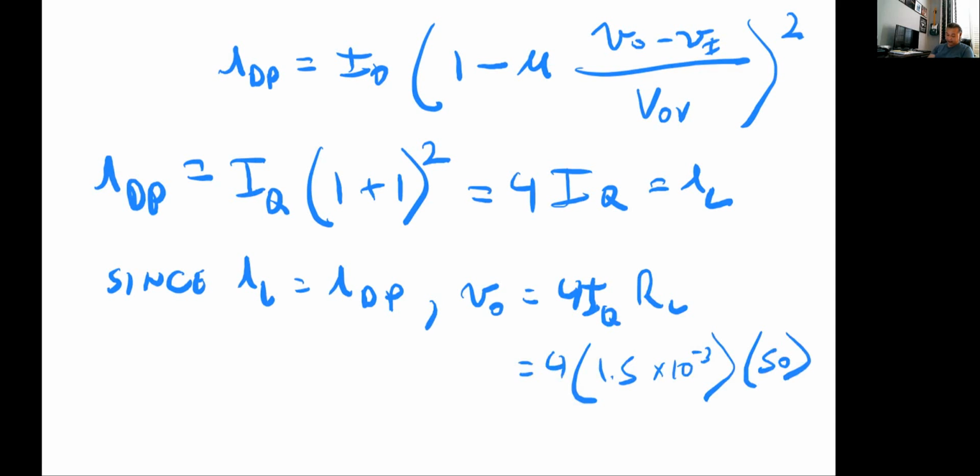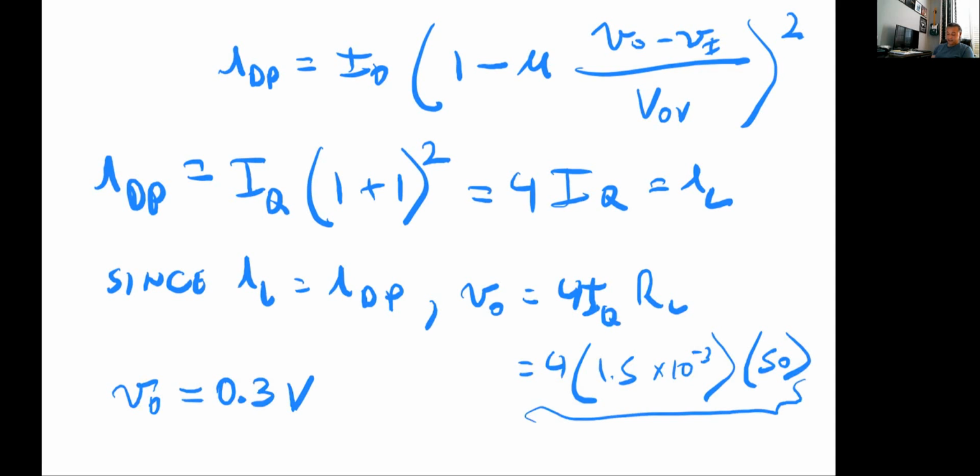Then we get that the output voltage when QN cuts off and QP starts providing all the current to the load is 0.3 volts from this expression over here.